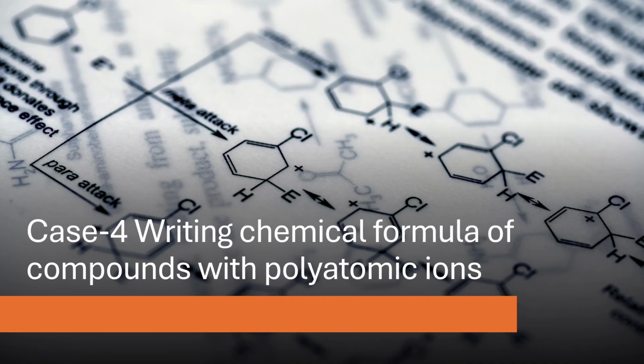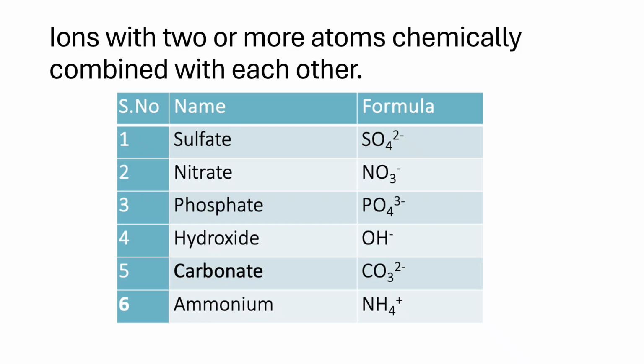Now let's discuss the case for writing chemical formula of compounds which have polyatomic ions. So let's see what these polyatomic ions are. Now, usual ions such as O2 negative are just made of a single element.